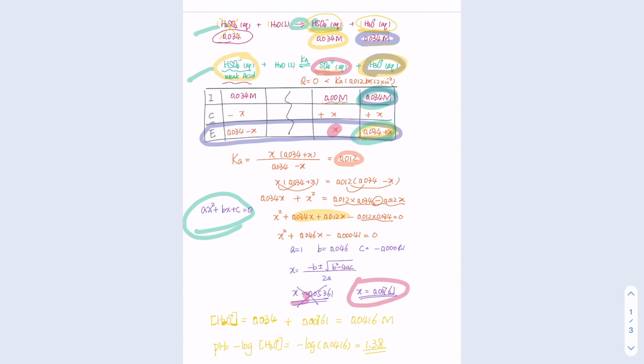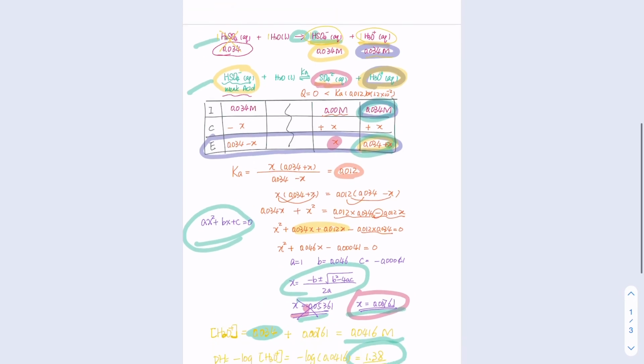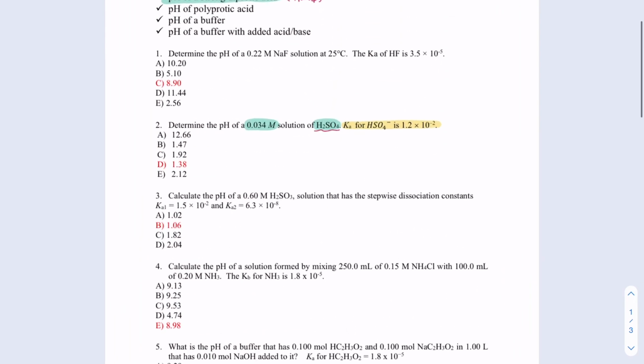For sulfuric acid calculations, this is the only question that requires you to use the quadratic. You get two solutions, and remember this is just x. You need to add the original concentration of sulfuric acid, which gives you the hydrogen ion concentration, and then you can do the pH. So this is the solving process for this question, and hopefully this is helpful. Thank you for listening.